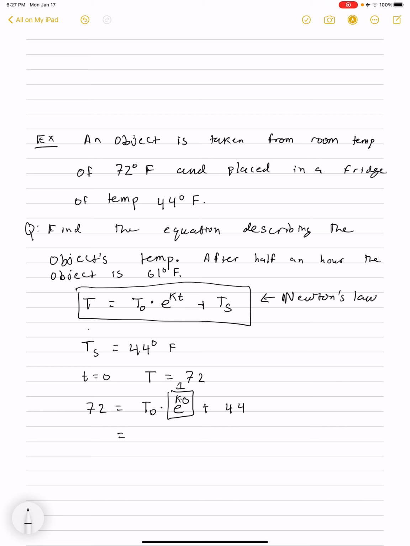So this says 72 is equal to T sub d plus 44. Just by subtracting 44, the temperature of the surroundings, we know that T sub d is 72 minus 44, and that will give us 28 degrees.